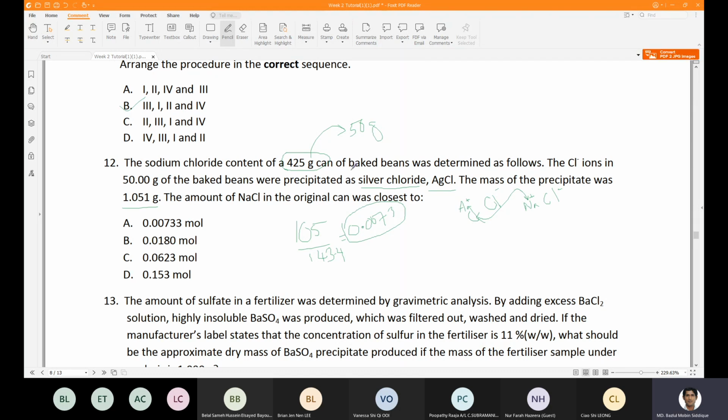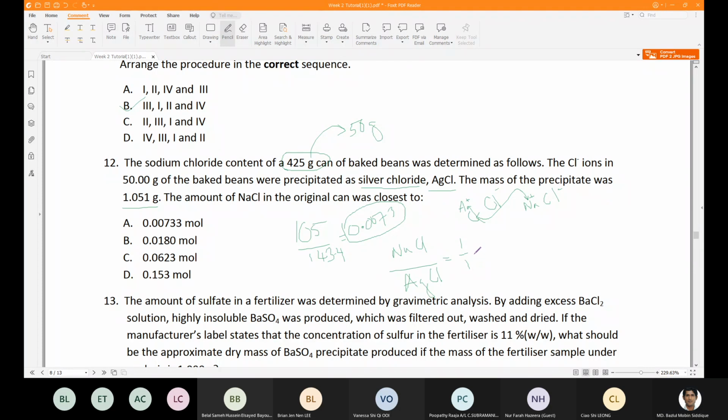It will be 0.0077 silver chloride as well. Sodium chloride and silver chloride is 1:1. That means 1 mole of sodium chloride is equal to 1 mole of silver chloride produced.